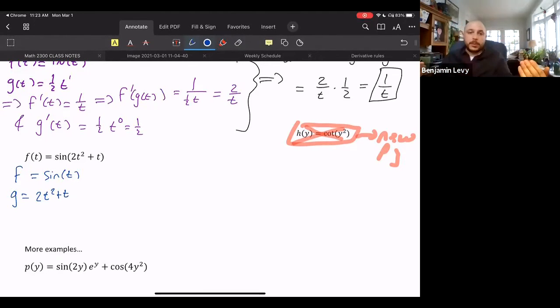So we break them apart, do what's required by the rules, and put it all together. This one's not too bad, because sine just becomes cosine. The derivative of sine is just cosine, no big deal. And then g is a power rule, so that's not a big deal either.